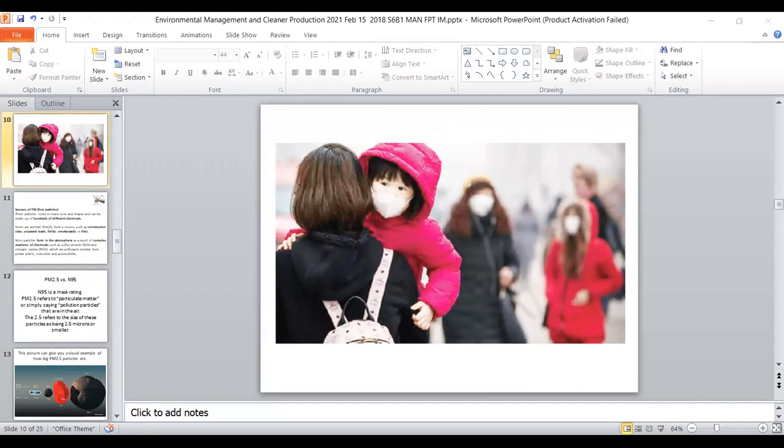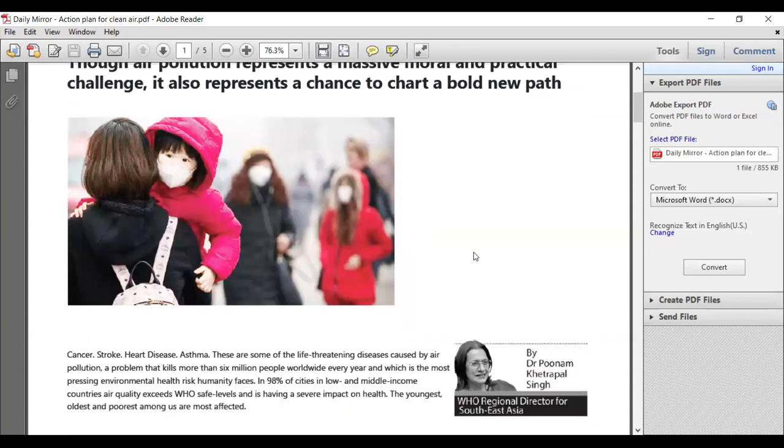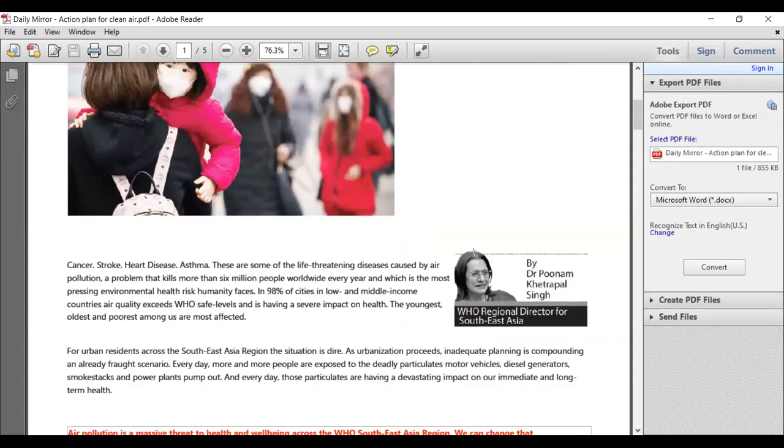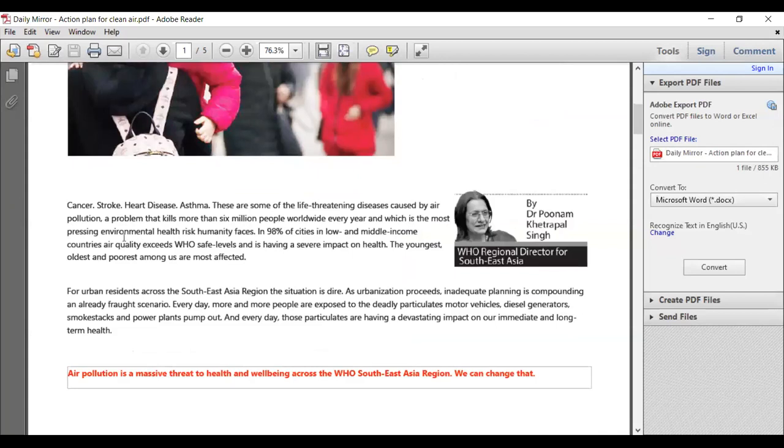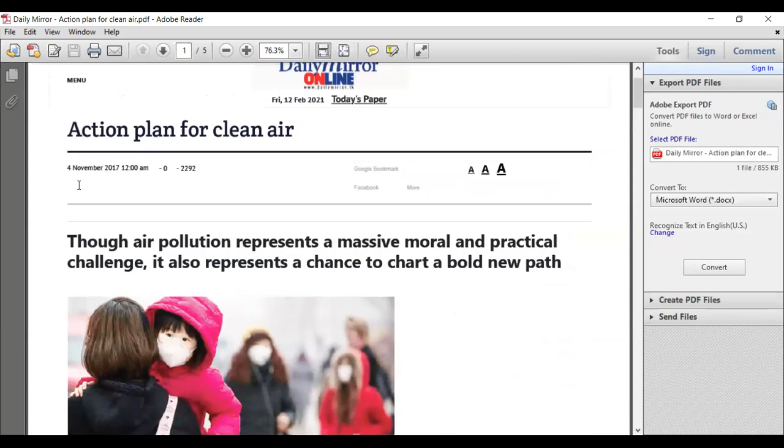Now I'm going to share with you one article. Later I will email this to you. This is about air pollution. You can read about this. It is written by the WHO Regional Director for South Asia, published in 2017.